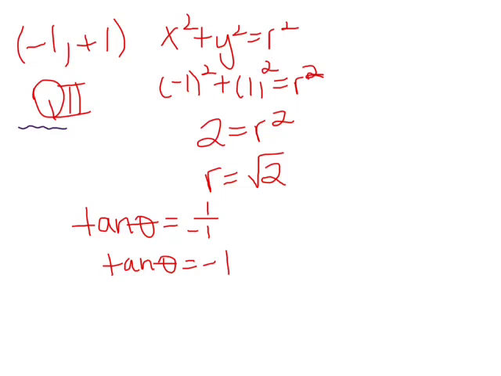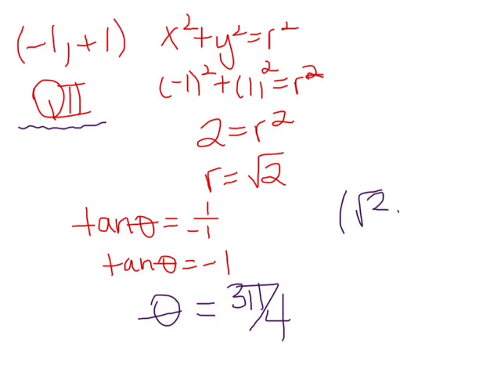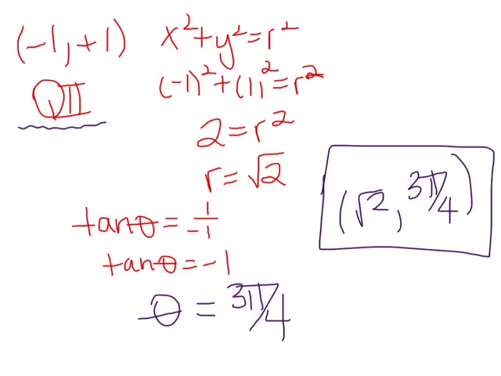We know we need to be in the second quadrant. So what angle? Tangent of theta equals -1. So our theta is going to be 3 pi over 4. So our coordinate is radical 2, 3 pi over 4. And we know that that is going to land in the second quadrant, so we are good.